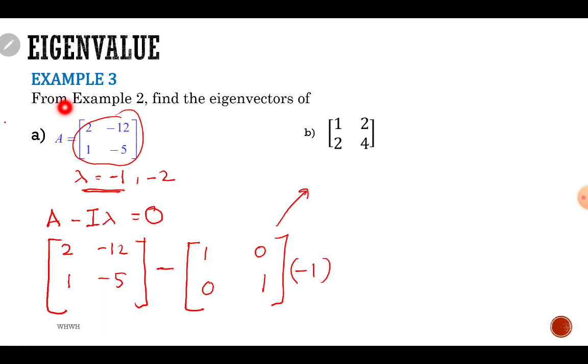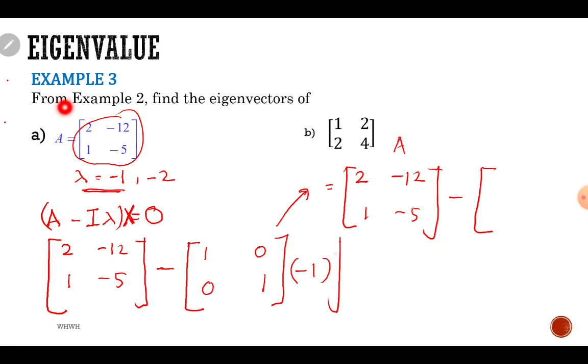So, apa yang kita dapat adalah, okay, saya tulis balik ni, 2, -12, 1, -5 ni tak ada apa. It's just matrix A ni je. Matrix A tolak dengan, okay, ni dia patutnya ada X kat sini. The whole thing ni sepatutnya darab dengan matrix X sama dengan 0.